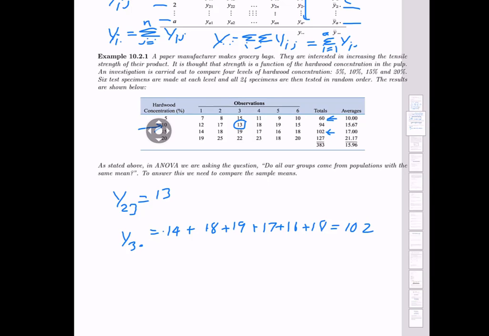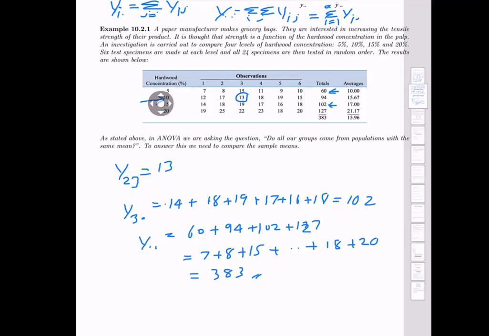And y double dot, you can write 60 plus 94 plus 102 plus 127, or you can write 7 plus 8 plus 15 plus up to all the numbers until we get to the last 20. So that is the y double dot. This equals 383.